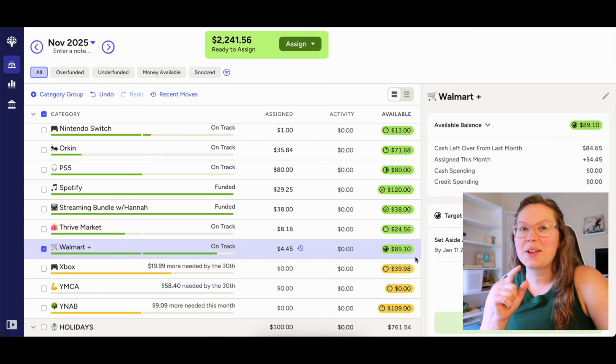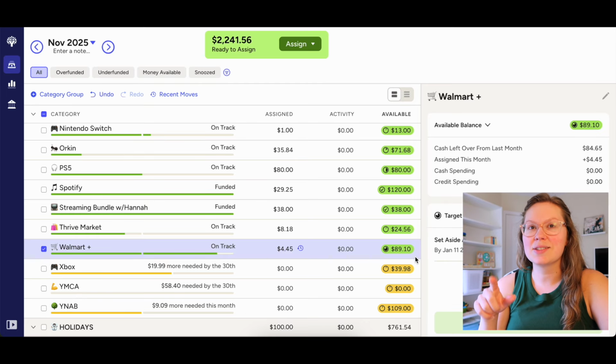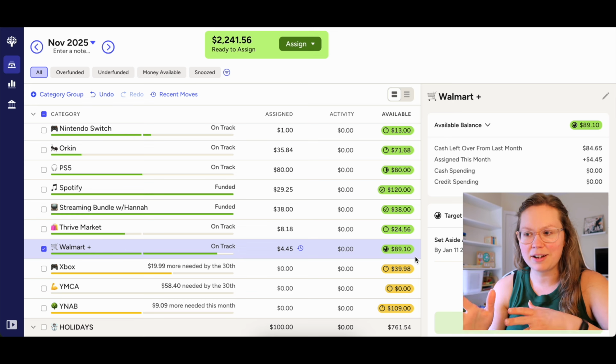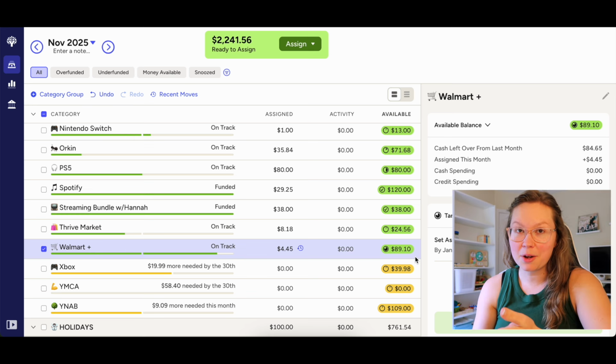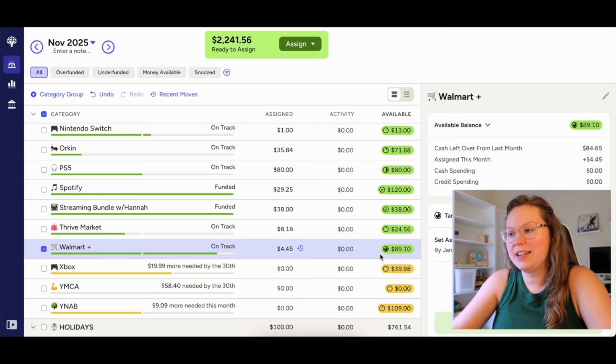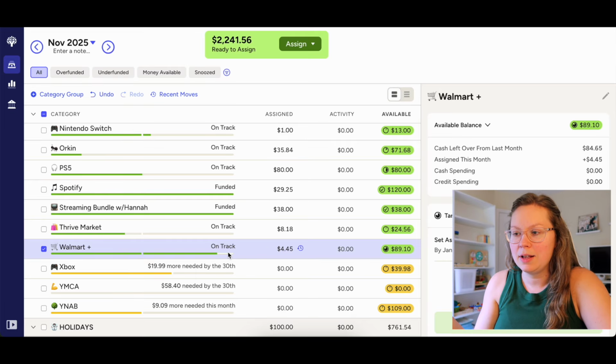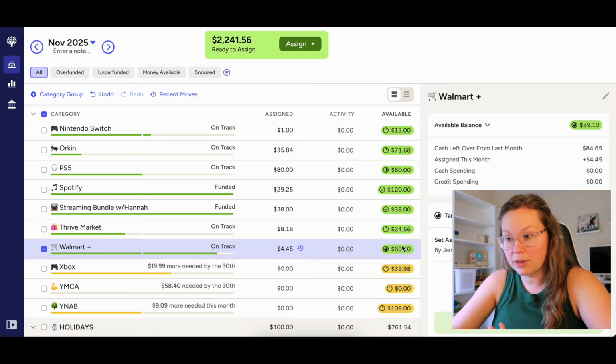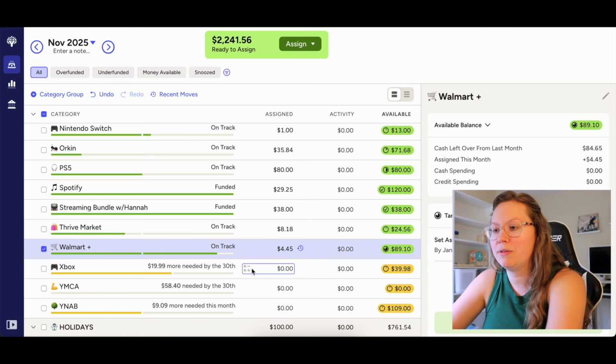I went in to cancel to see if it would give me the offer, and it did. So I went in and canceled, and it said, oh, hey, do you want Walmart Plus another year for only $49? And I was like, duh, yeah, of course. So I do have a bunch of money saved in Walmart Plus. I'm probably gonna be able to just snooze this or move the money for something else that we might need, because I'm only gonna have to pay $49, and obviously I have double that amount in here. So maybe I'll just snooze it for an entire year.